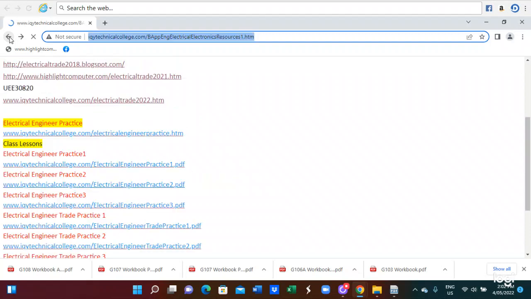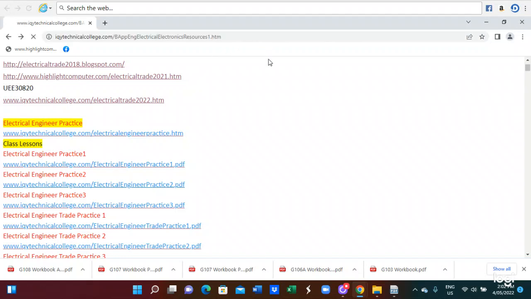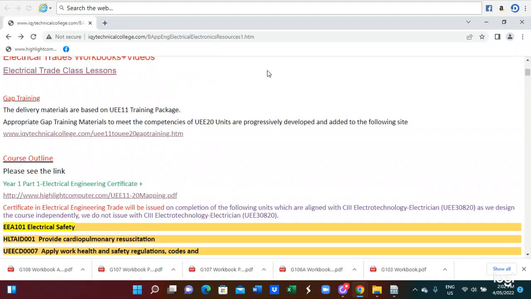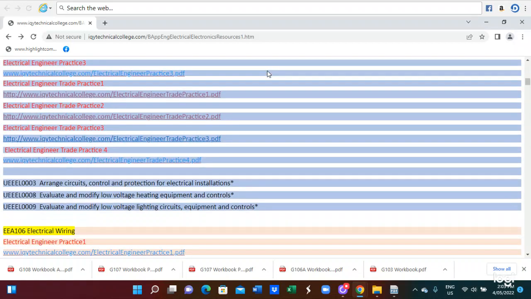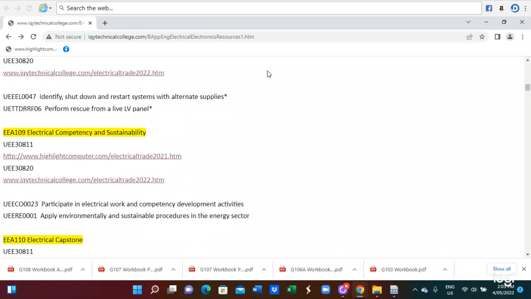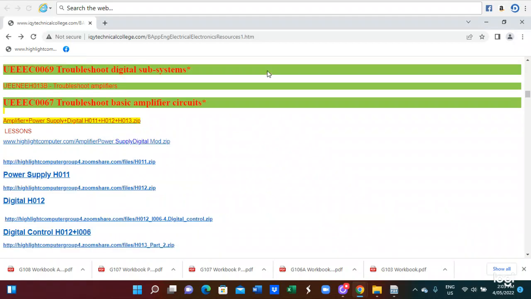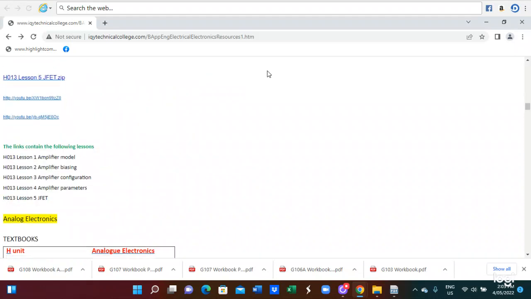So the site is the IQI College BAPP ENG Electronics Resources 1.8. By going to this site, you can see it here, and then we can do this electrical diploma. Electrical Diploma 2022. Scroll down, then you can see the electrical diploma.